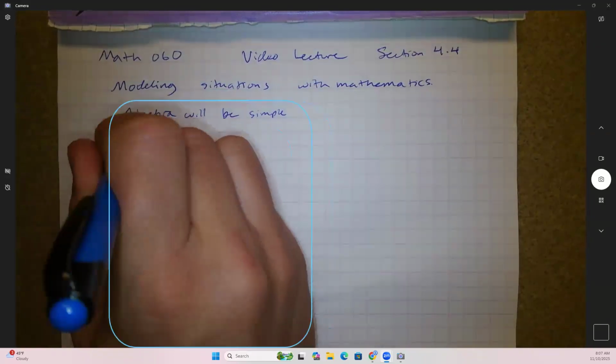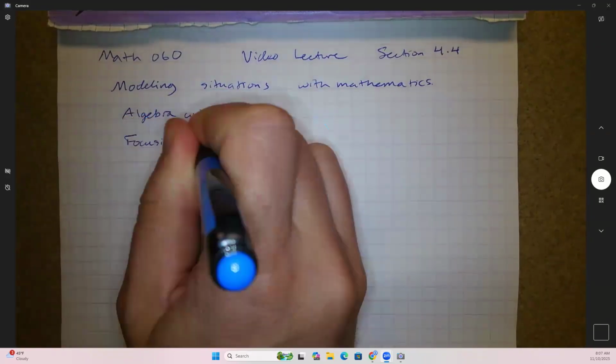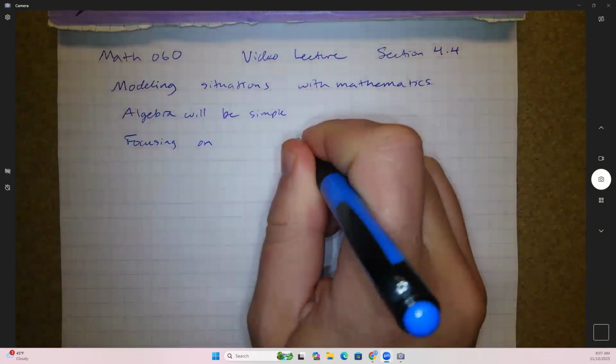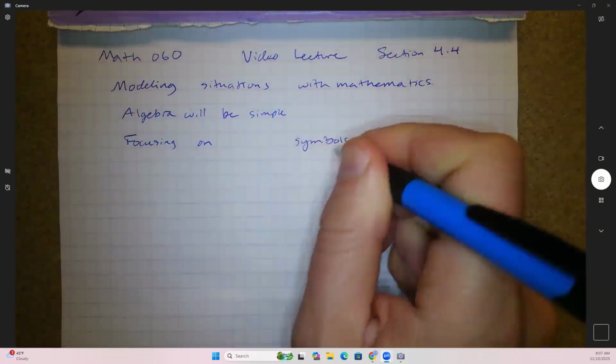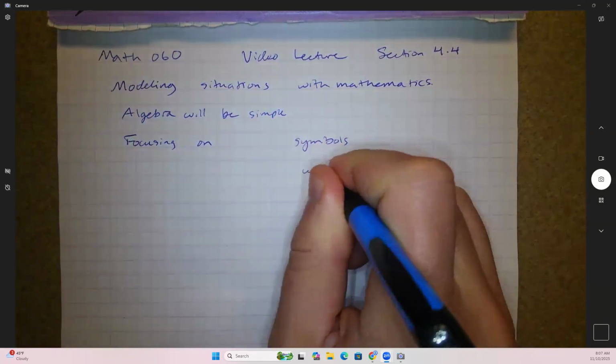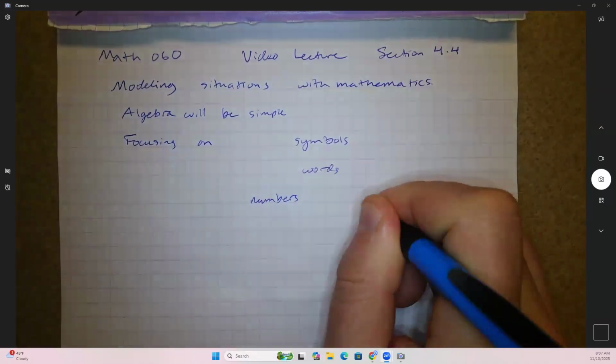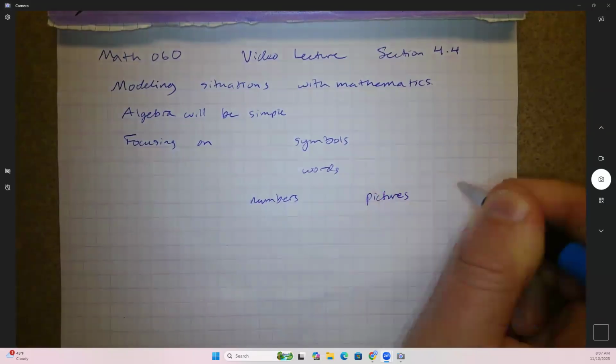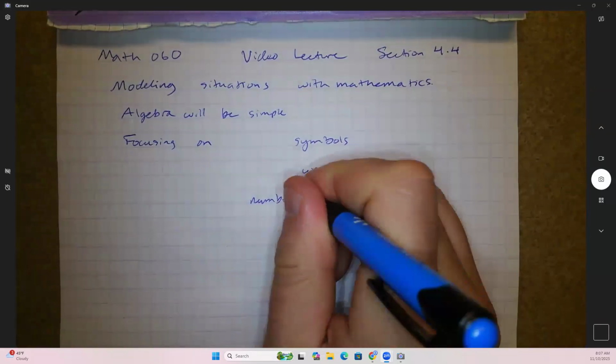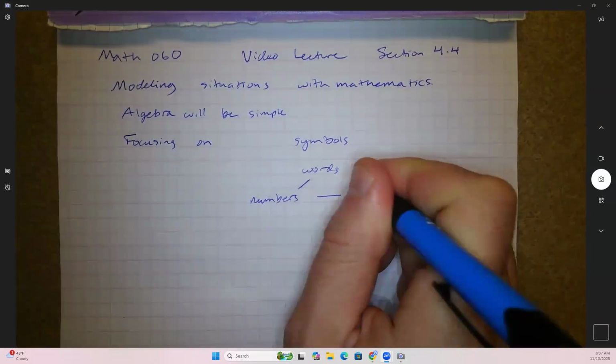We are going to be focusing on this idea of changing our representations of mathematics. I know I mentioned this, but it's probably been a while.